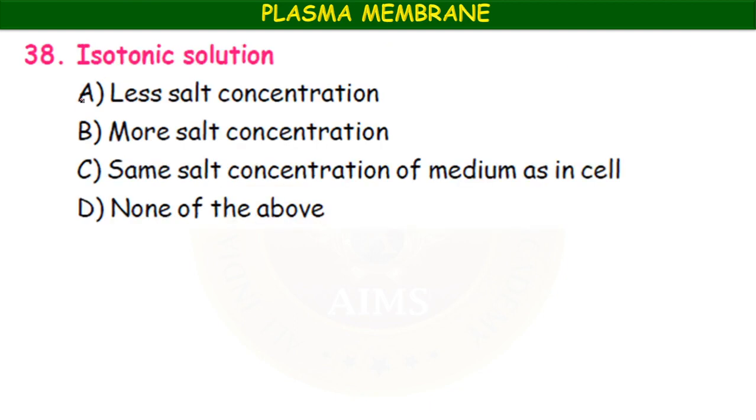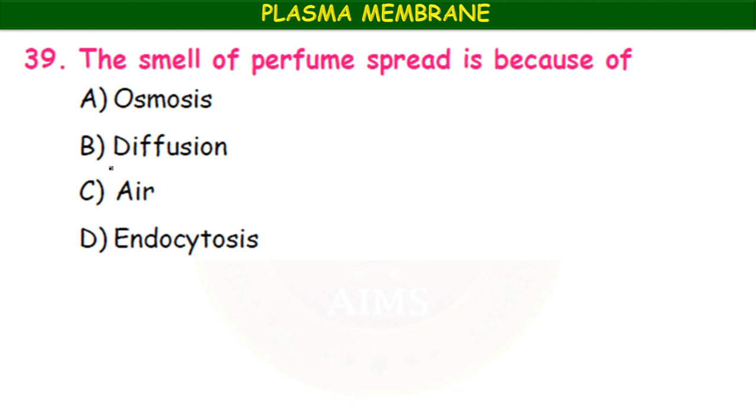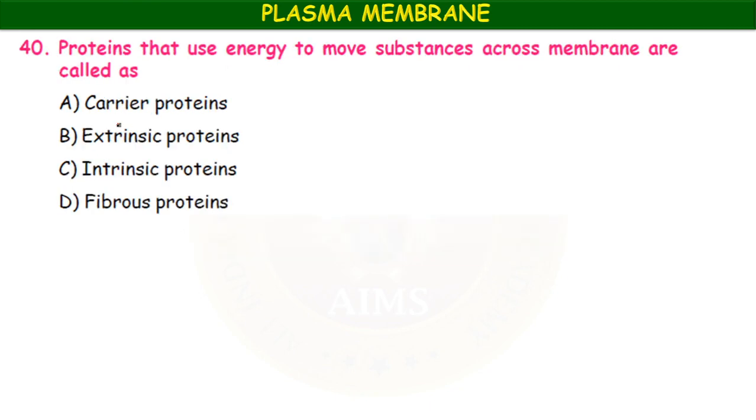Isotonic solution means less salt concentration, more salt concentration, the same salt concentration of the medium as in the cell, none of the above. So it is the same concentration. The smell of perfume spreads because of osmosis, diffusion, air, endocytosis. It is due to diffusion. The smell of the perfume spreads from high concentration to low concentration until the concentration becomes equal on both sides.